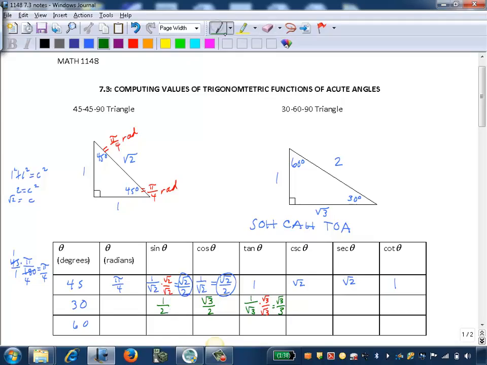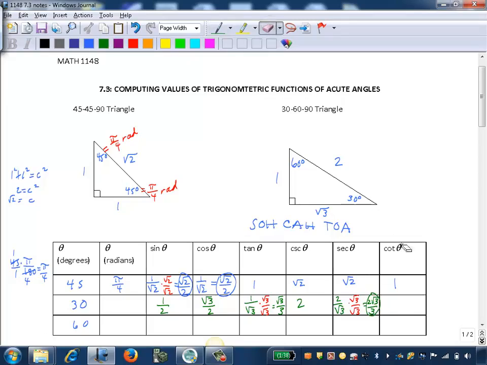So cosecant of 30 is 2. Secant is the reciprocal of cosine, so the reciprocal of radical 3 over 2 gives 2 over radical 3. But then I want to rationalize, so I have 2 radical 3 over 3.